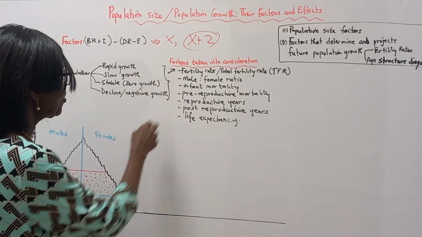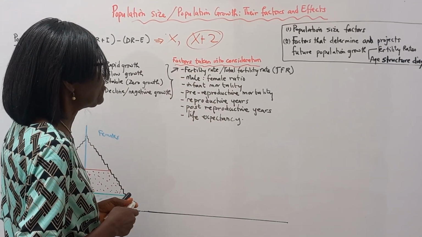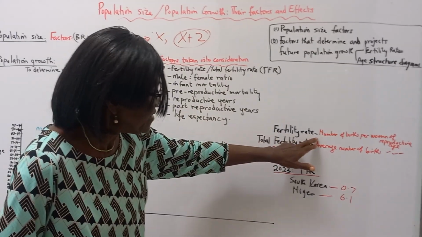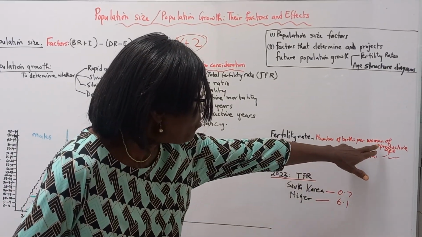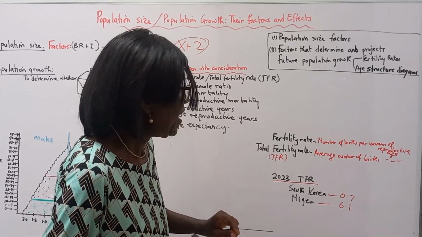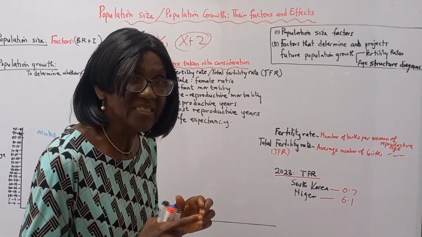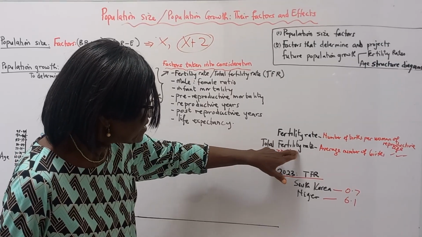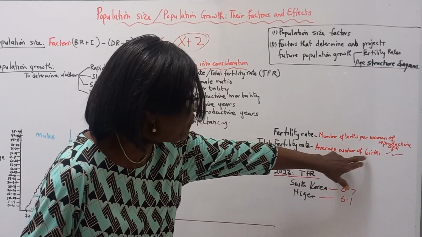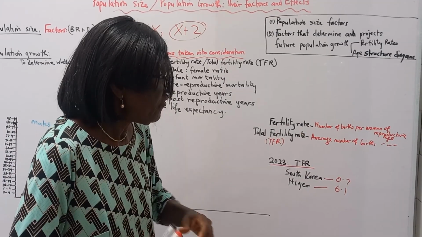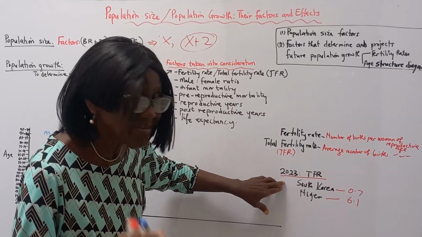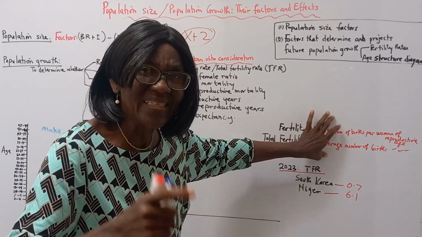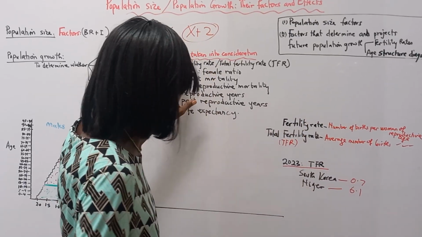Now, first of all, let's look at fertility rate or total fertility rate. Fertility rate is the number of births per woman of reproductive age, and the reproductive age, we've talked about it, is between 15 and 49. The total fertility rate is the average number of births per woman of reproductive age. We have an example here. This fertility rate can also give an indication of population growth.